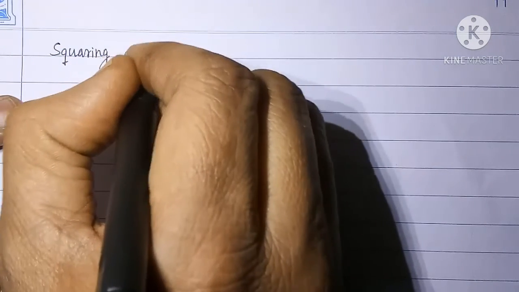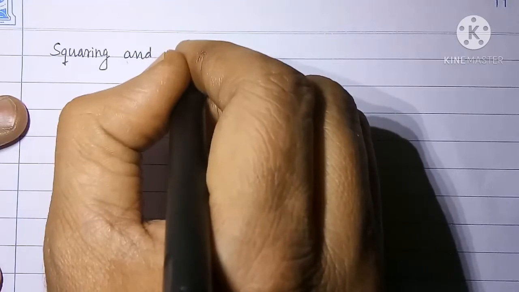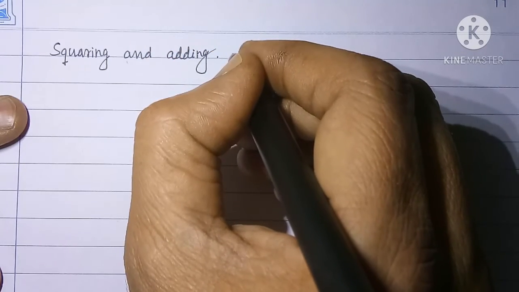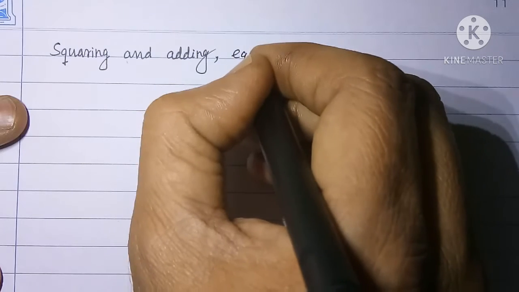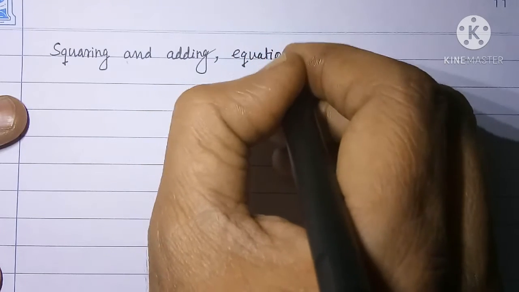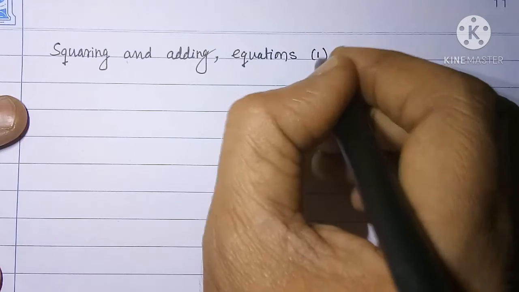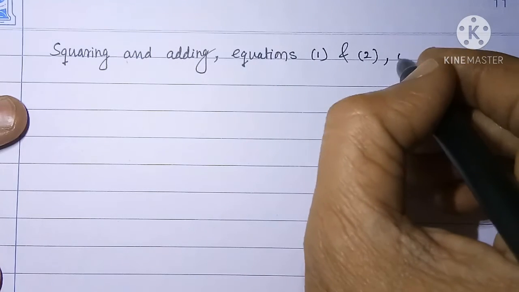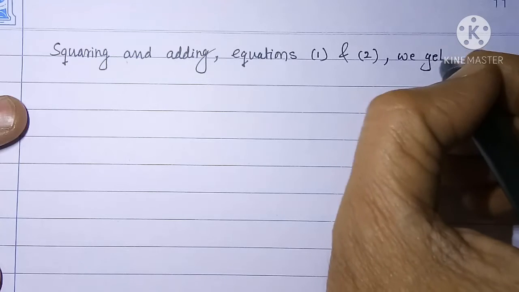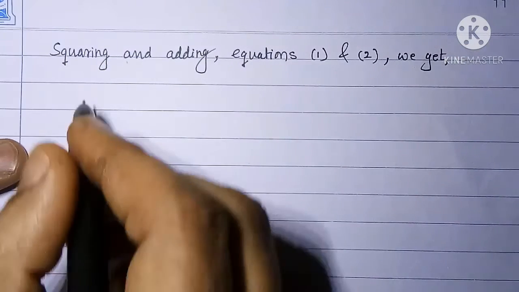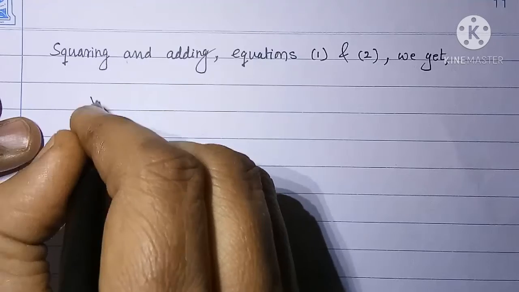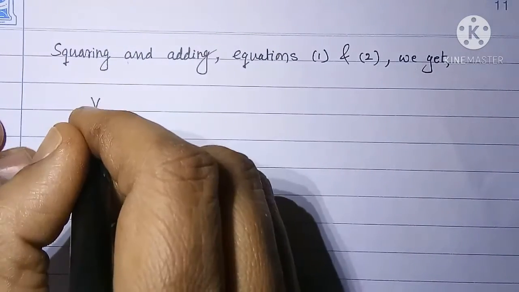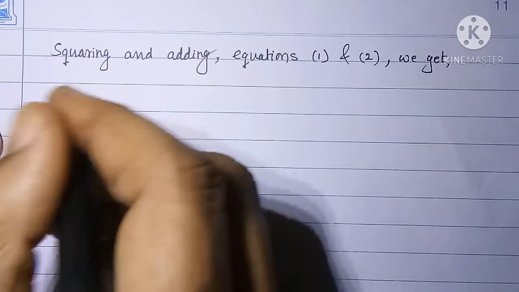Squaring and adding equations 1 and 2, we get, you have to make use of trigonometric identities here to quickly understand what we are doing.